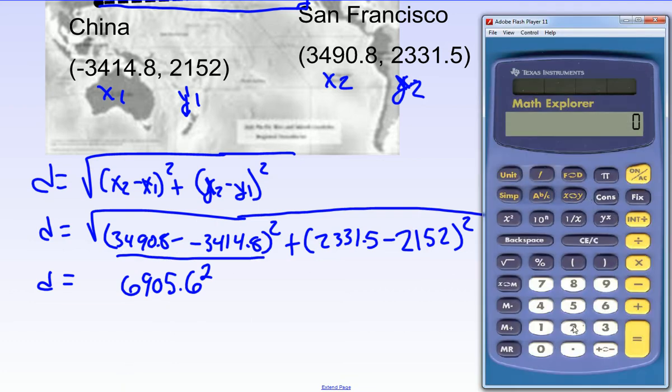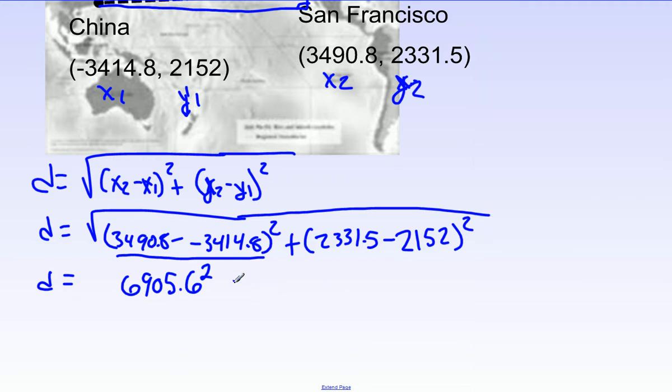On the other side, we've got 2331.5 minus 2152, which is 179.5, squared. Don't forget our square root. Alright, getting there. We're narrowing it down. We've got to square both of these, add it together, and square root.